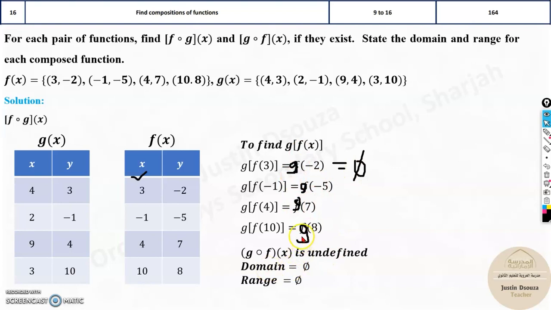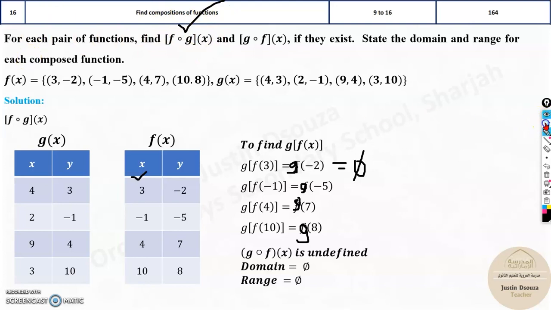So therefore there is no domain, there is no range. Why? Because for all the values which we considered, as you can see, the x values have a y, but none of these matches with the x values of the g of x table. So that means it's all null set. It is not possible. These are not composed. In the previous slide, the composition existed.